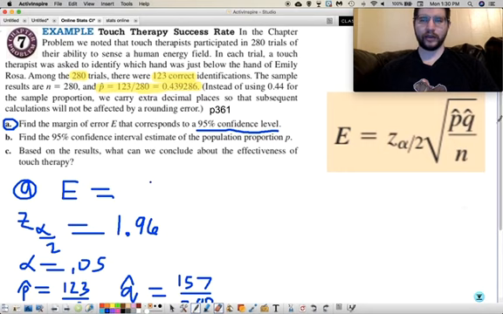Now we can calculate our error, our margin of error. So we have our z-score is 1.96. Times square root, p hat was 123 over 280.